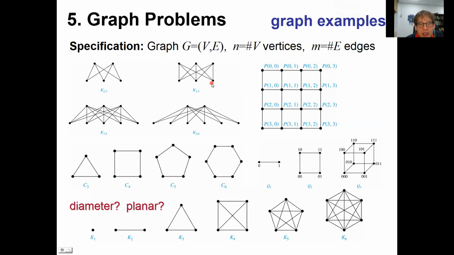Right, then there's a question about the diameter. Let me say that again: the distance between two vertices is the length of the shortest path. The shortest path, of course, will not pass through a vertex more than one time.